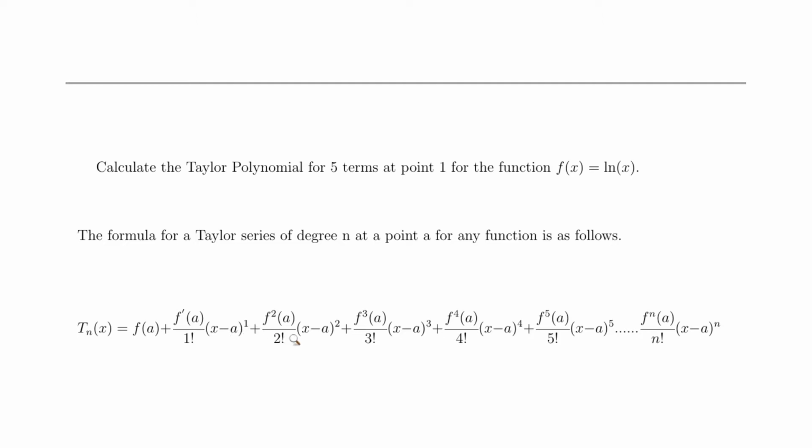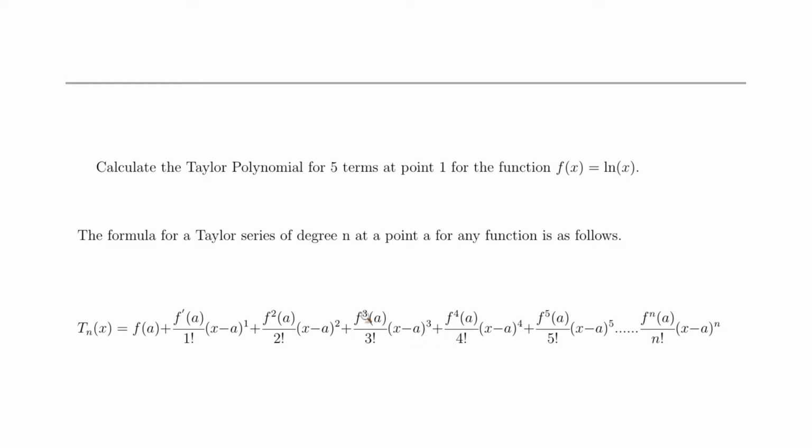The next term is the second derivative at 1, divided by 2 factorial, and then x minus 1 again, squared. Then the third derivative calculated at 1, divided by 3 factorial, x minus 1, cubed.